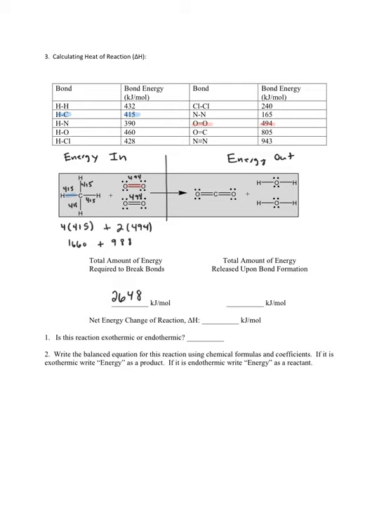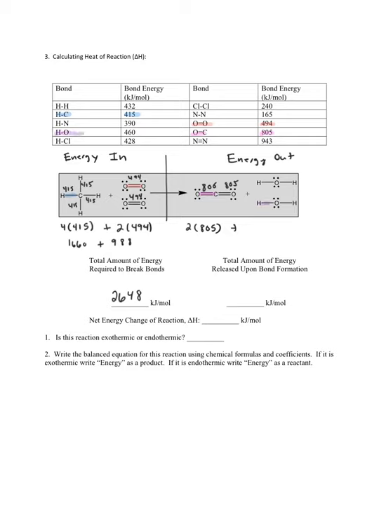I'm going to do the same thing on the other side. I've got a carbon-oxygen double bond, and that carbon-oxygen double bond is 805. And I've got 2 of those at 805. And then over here, I have an oxygen-hydrogen single bond.